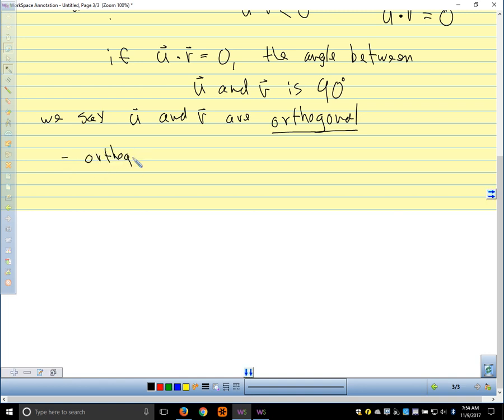Orthogonal refers to vectors in relation to each other. We usually use perpendicular to talk about lines and planes in relation to each other.